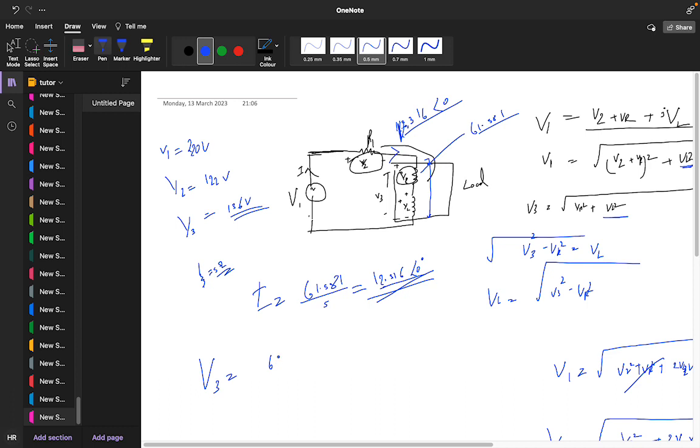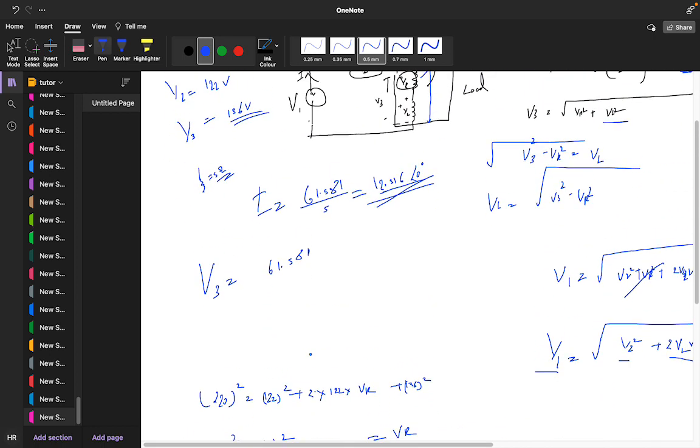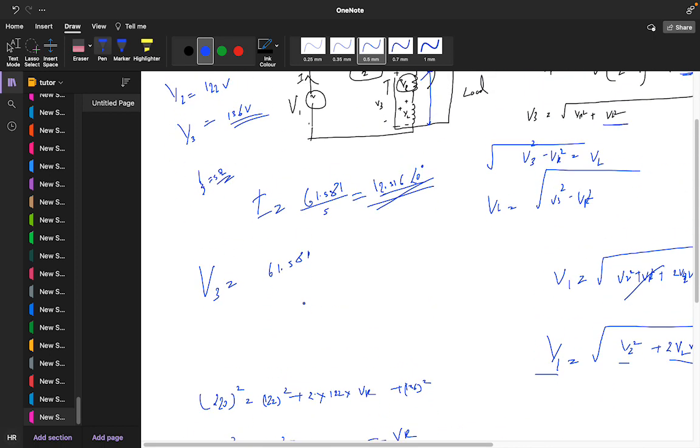VR value was what? 61.581. Okay. What will be the voltage VL? We know V3 square equals VR square plus VL square. So can anyone tell me what will be the value of VL?